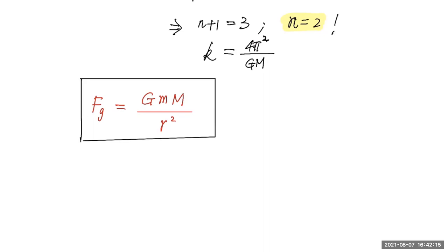If G has an SI value of 1 unit, then you're going to get a ridiculously large force: 50 times 60 divided by something less than 1, more than 3,000 newtons. That is ridiculous. The force between you and I is so incredibly small that we never notice it.